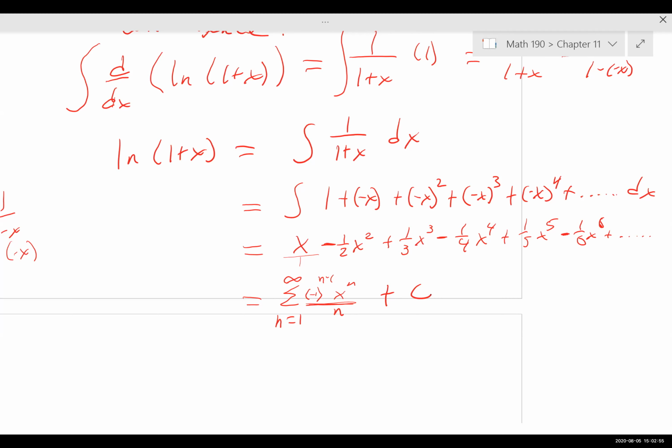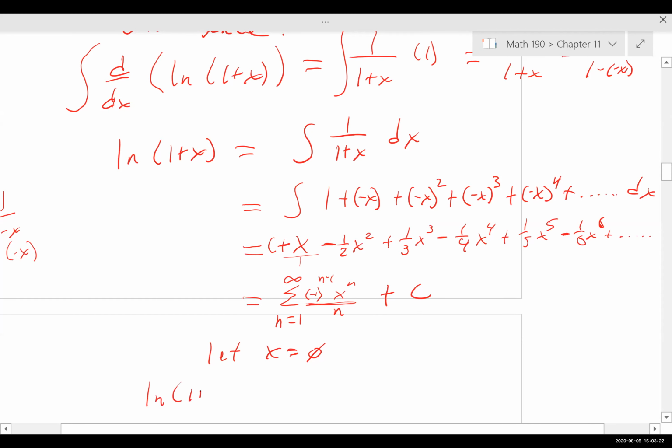If I ended up with a c plus here, I could just let x be 0, and that would give me my c, because every other term goes away. So let's let x equal 0 and try to solve for c. We integrated, so we should end up with a plus constant. Let's let x equal 0 on both sides of this.